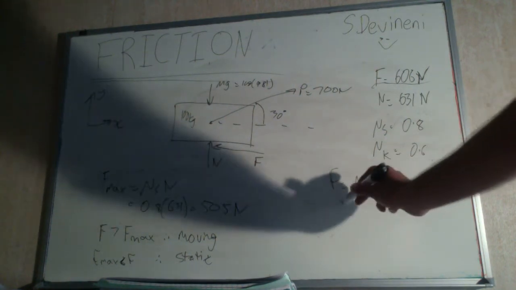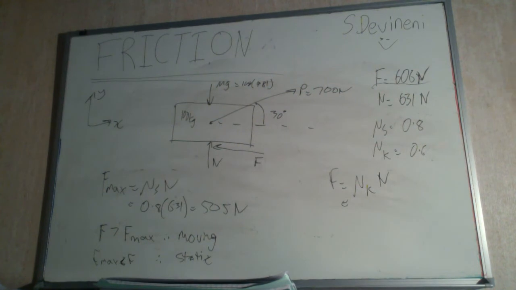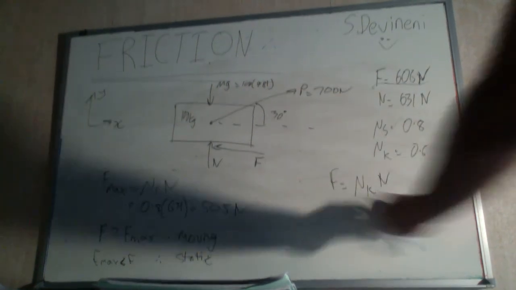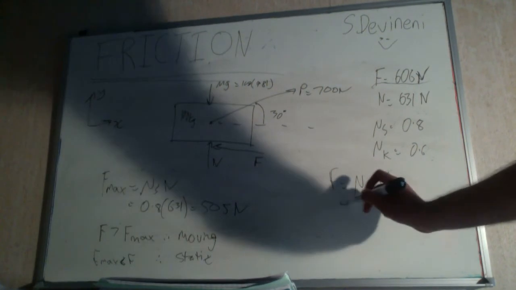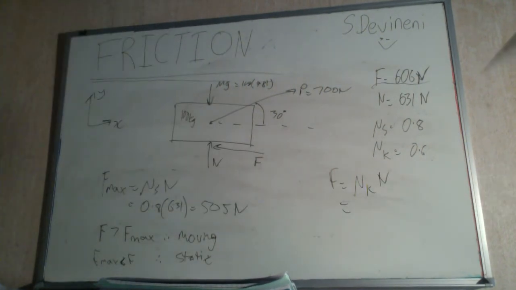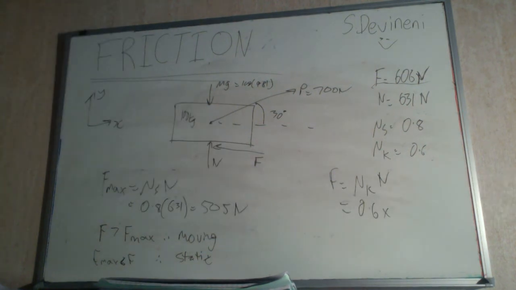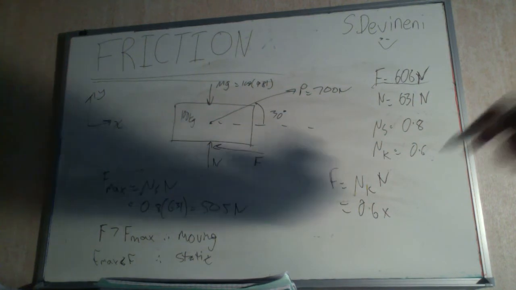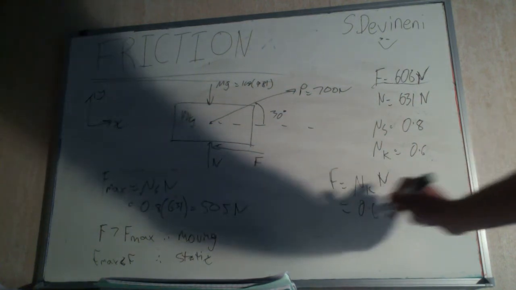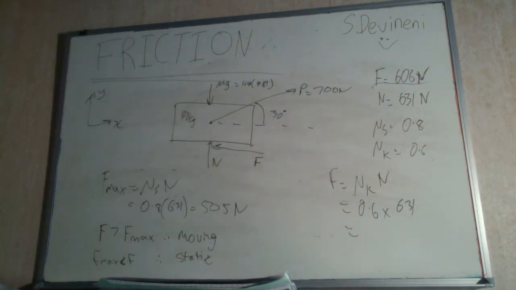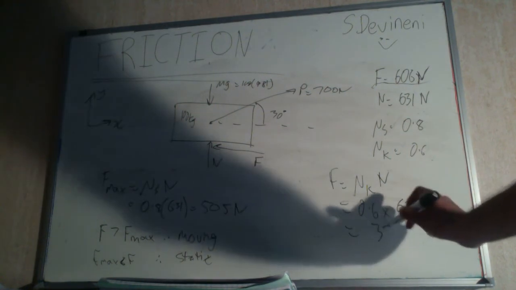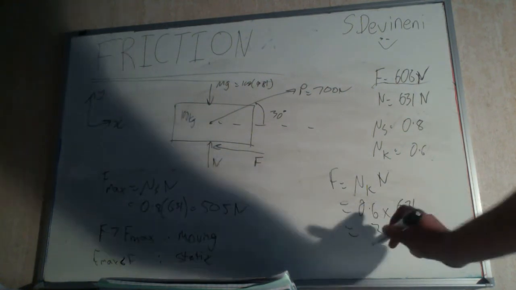So then the answer becomes 0.6 times N. N was 631. And that answer is 379 newtons. Okay, so that's the answer.